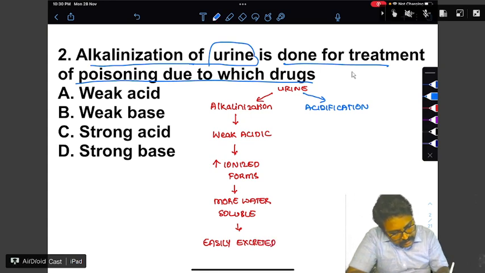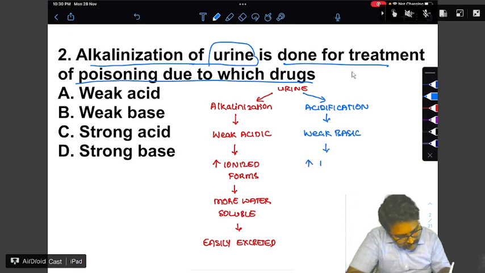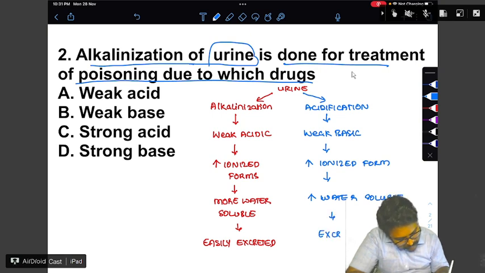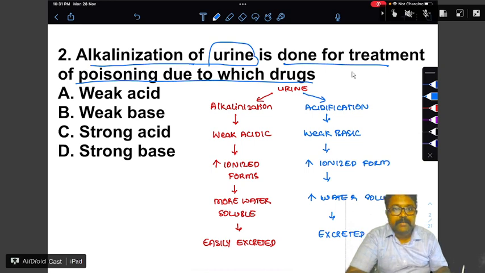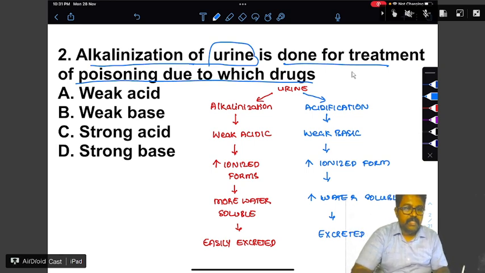Whereas on the other hand, acidification is done for weak basic drugs. The same concept applies here: it will increase the ionized forms, and thus increase the water soluble forms, and they get easily excreted.